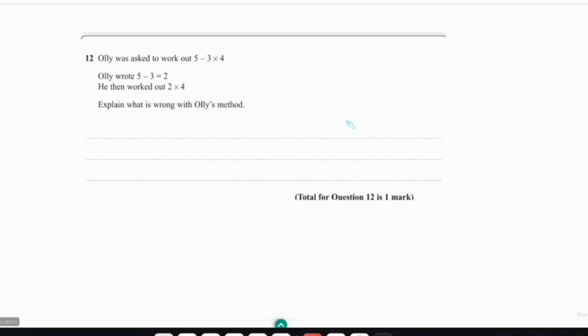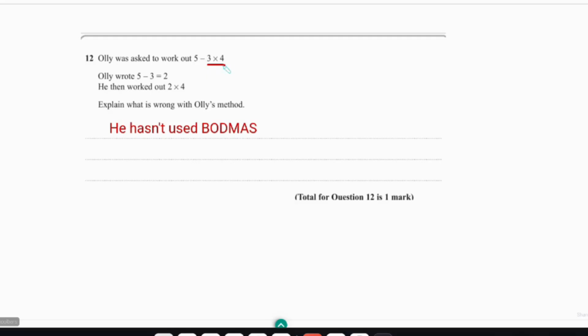Ollie was asked to work out 5 minus 3 times 4. Ollie wrote 5 minus 3 plus 2. We then worked out 2 times 4. Explain what is wrong with Ollie's method. He hasn't used BODMAS. So we've got a subtraction and a multiplication.